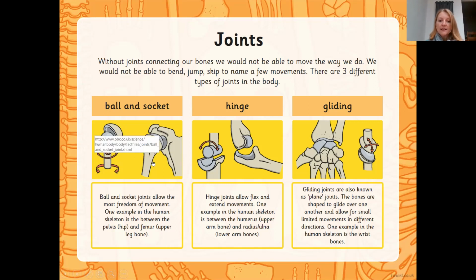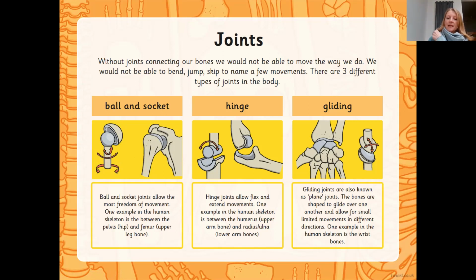This is the type of joint that you have in your shoulder. Okay, so at the end of your humerus, in your shoulder, there's that type of joint. And this means that these bones can move in all directions.